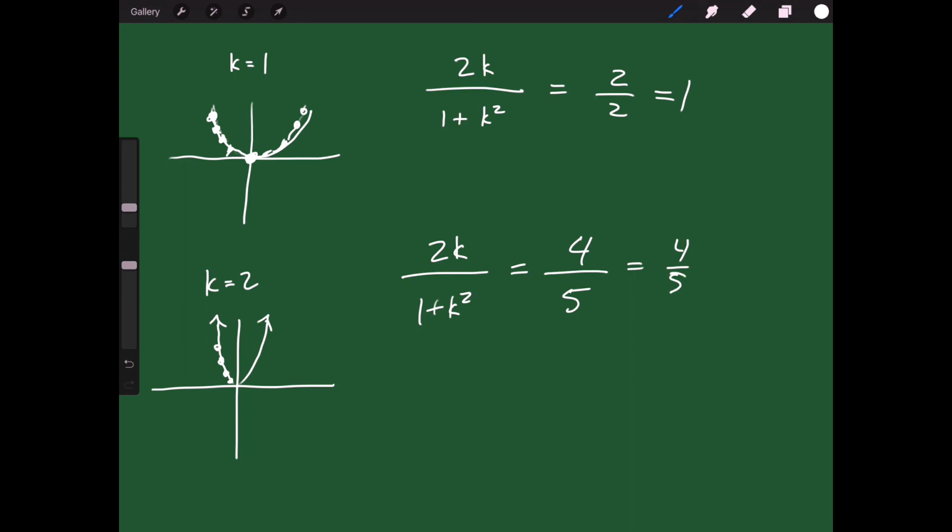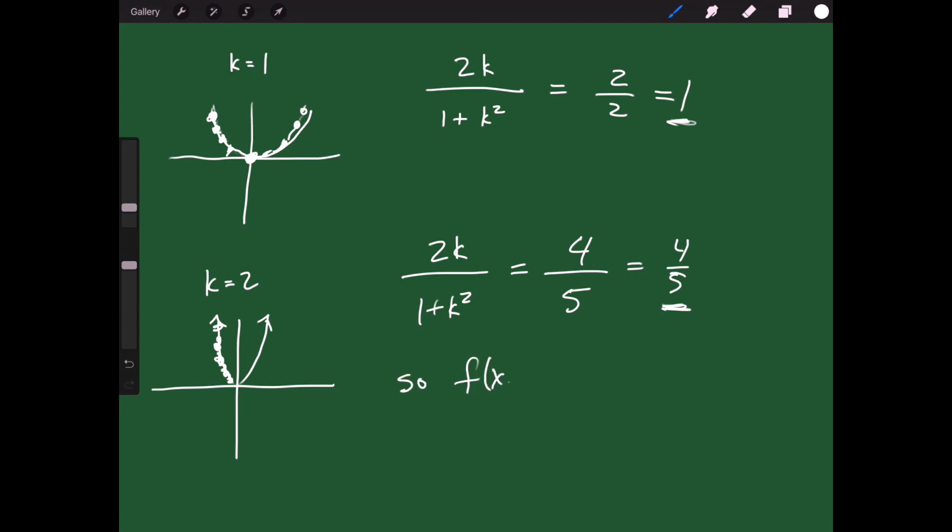So if I'm walking along this path, my limit must be 4/5. And the first one said the limit must be 1. So if it must be 1 and it must be 4/5, I'm in trouble. That means I've just shown that 2 different paths give me 2 different limits, so the limit does not exist.